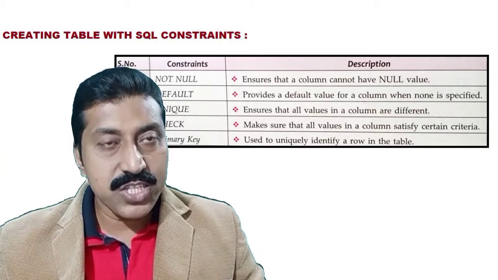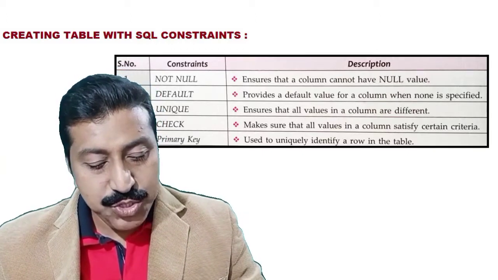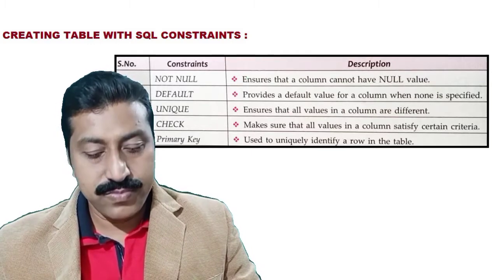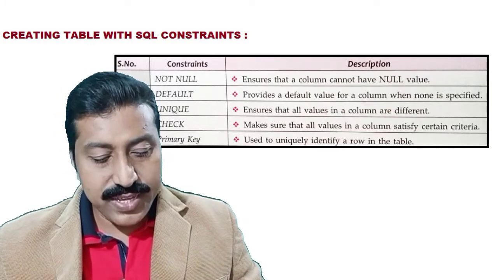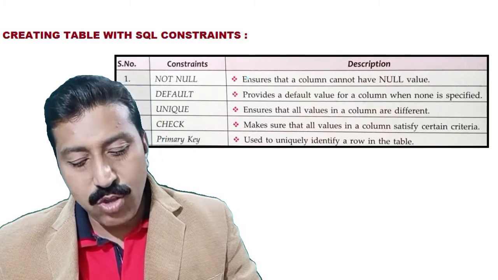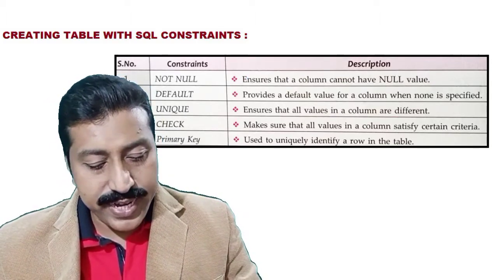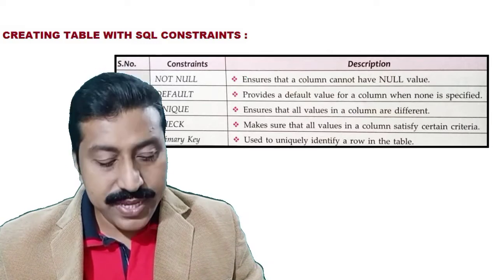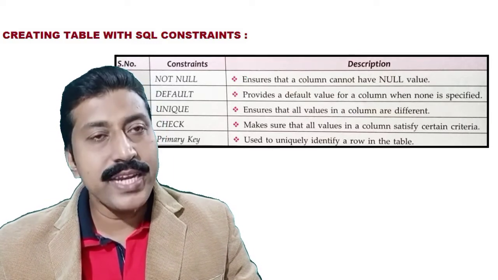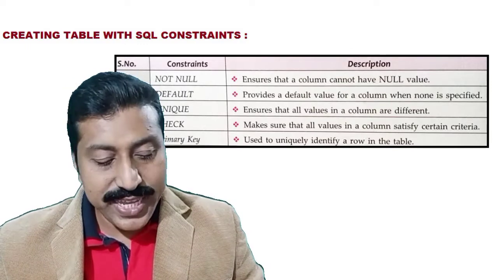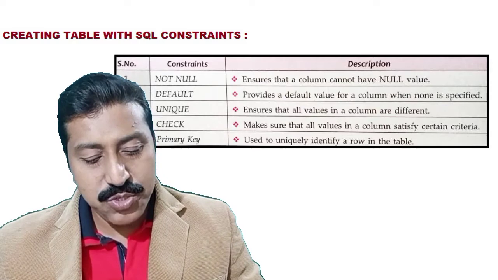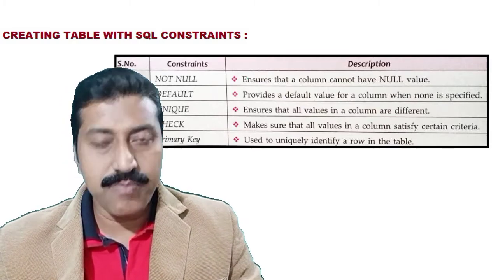Then the UNIQUE constraint ensures that all values in a column are different. The CHECK constraint makes sure that all the values in a column satisfy certain criteria. Then the PRIMARY KEY constraint is used to uniquely identify a row in a table. The FOREIGN KEY constraint is used to ensure referential integrity of the data.